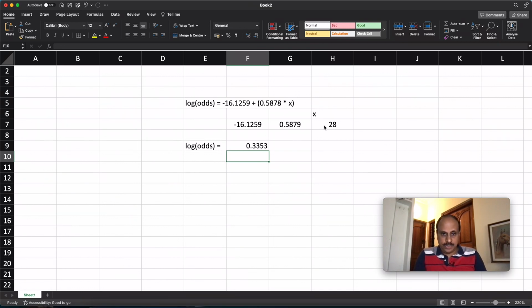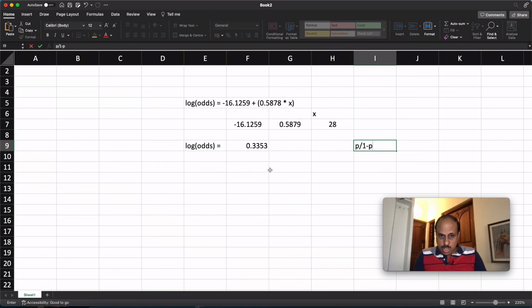It's all right. So here is an important question to think about. What I've got is the log odds and x is the independent variable or an attribute. Here is the first question that I'm asking you. In a logistic regression setting, should this log odds be linearly related to the independent variable x?